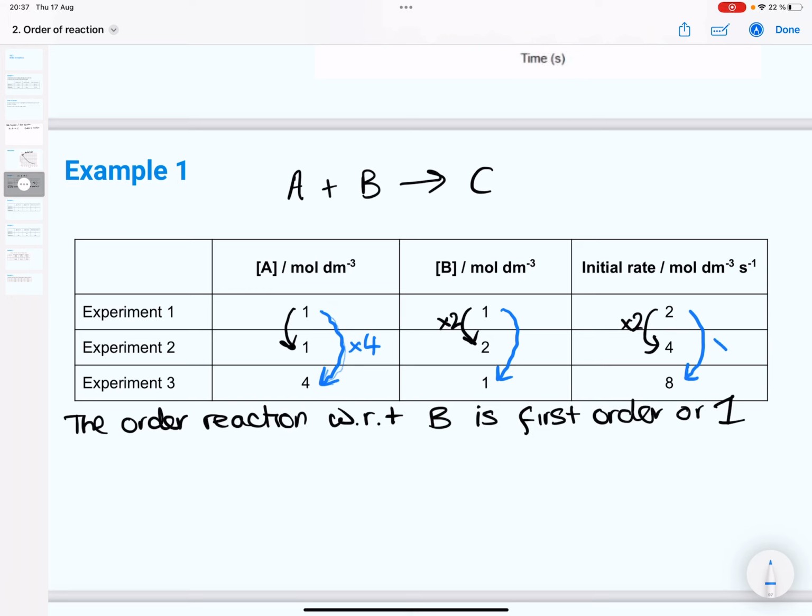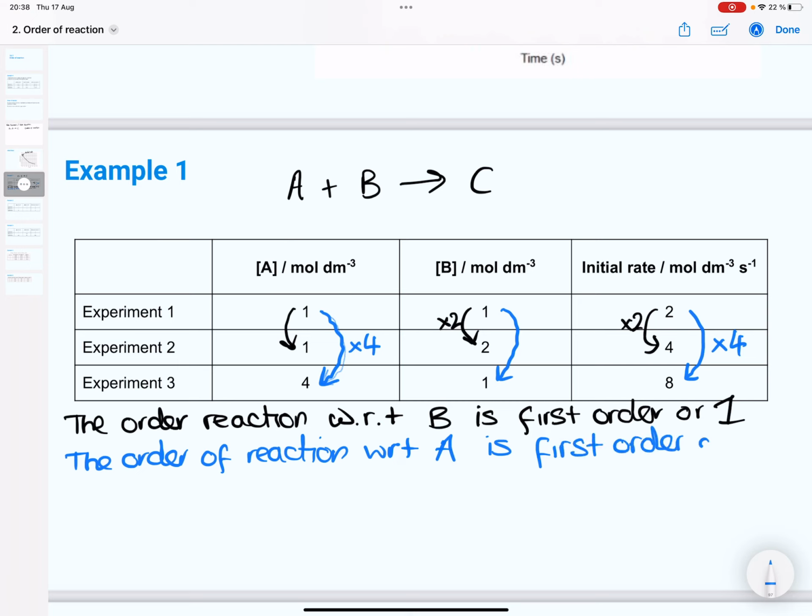It's gone from 2 to 8. That is also a factor of 4. So, therefore, the order of reaction with respect to A is first order, or 1, because the concentration of A has increased by a factor of 4, and therefore the initial rate has also increased by a factor of 4, so they're directly proportional.